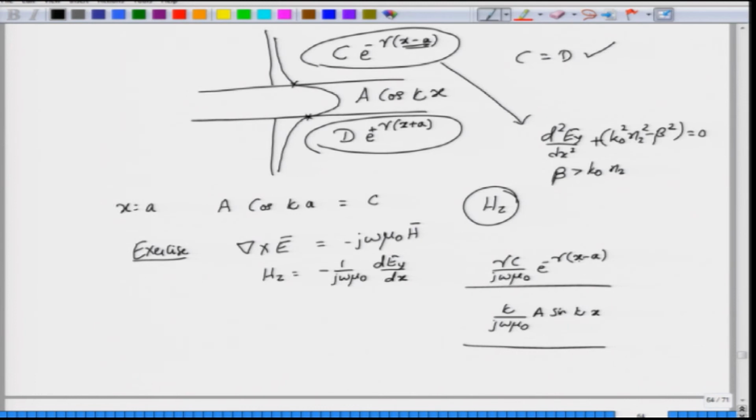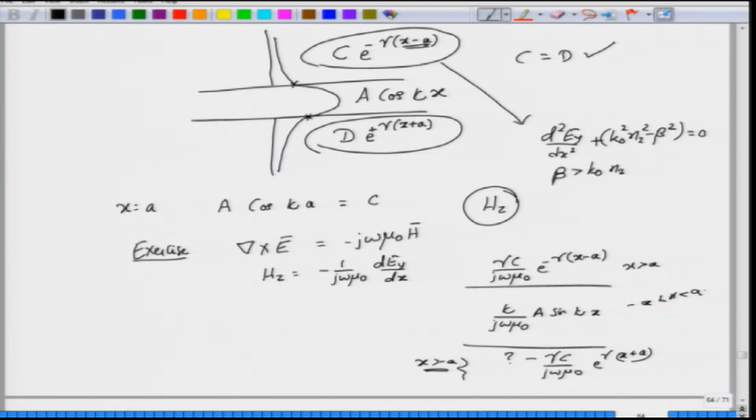Okay. So, these are the solutions. Here I will leave it as an exercise for you to show that the other solution will be minus gamma c by j omega mu naught e to the power gamma times x plus a. Please note that this region is basically x less than minus a, and this region is basically x greater than a, and of course this region is where minus a is less than x less than a.